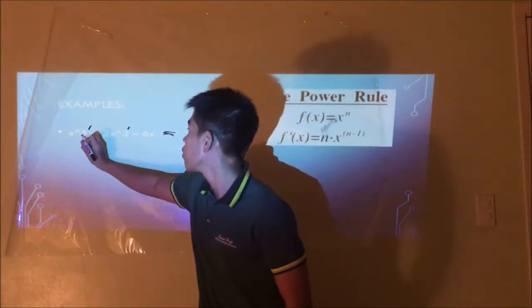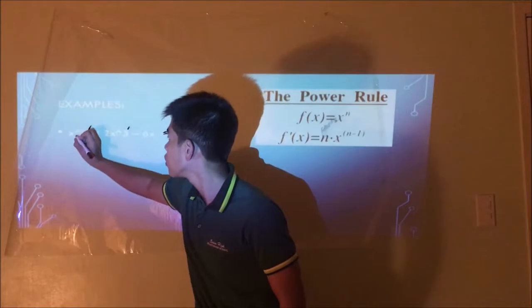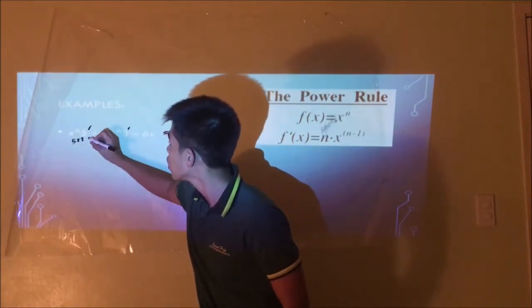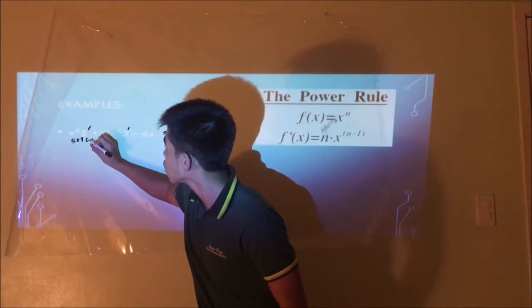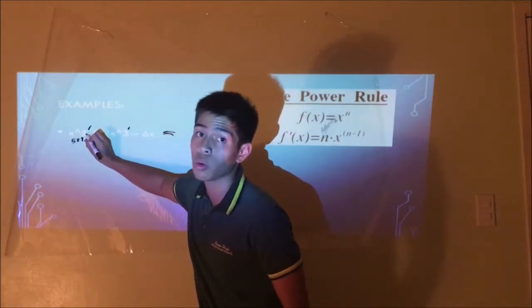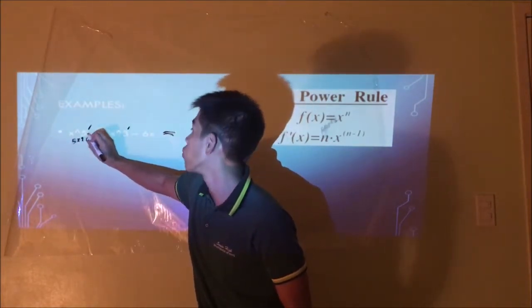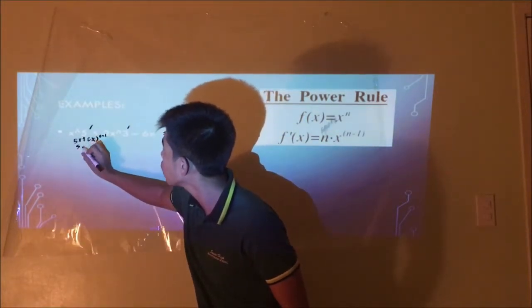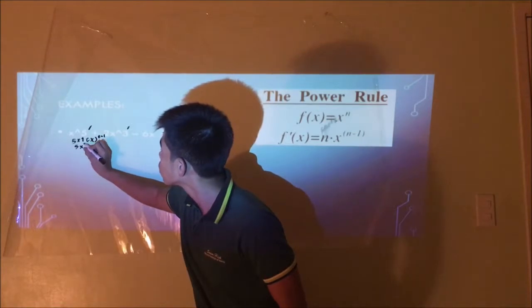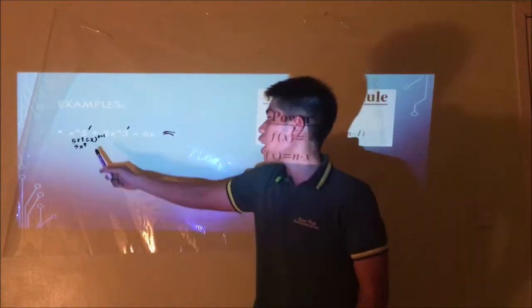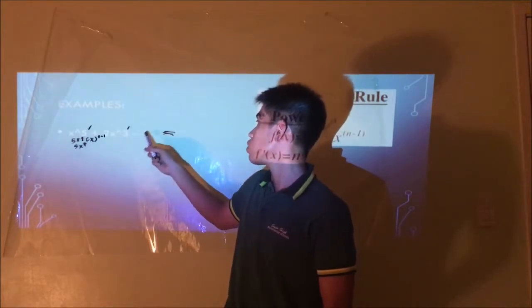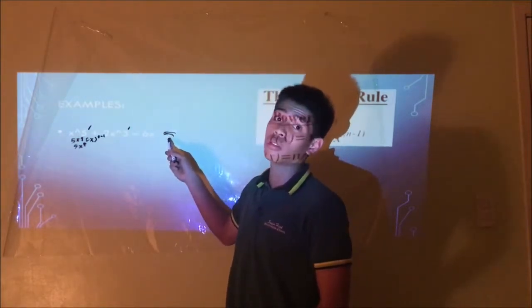So it's going to be 5 times 1, and x raised to 5 minus 1. So the final term will be 5x raised to 4. And that continues on for 2x raised to 3 and minus 6x.